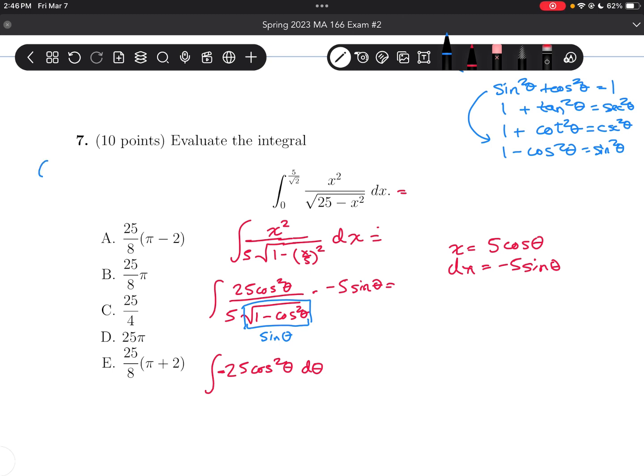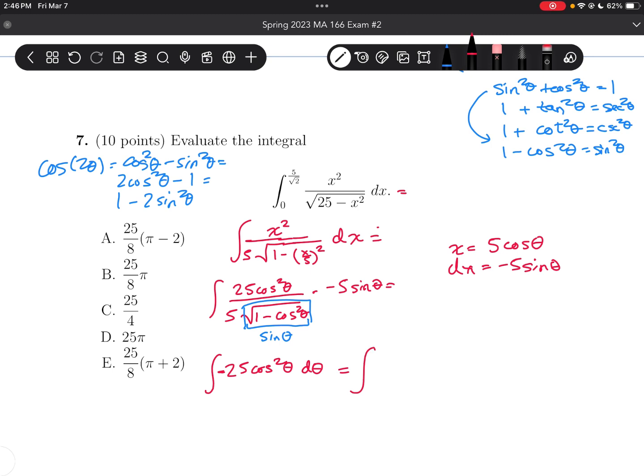The double angle identity states that cosine 2 theta equals cosine squared theta minus sine squared theta. This is also equivalent to 2 times cosine squared theta minus 1, which is also equivalent to 1 minus 2 sine squared theta. So our last two statements relate cosine 2 theta to cosine theta squared and sine theta squared. In this case, we want to use the fact that cosine 2 theta equals 2 cosine squared theta minus 1.